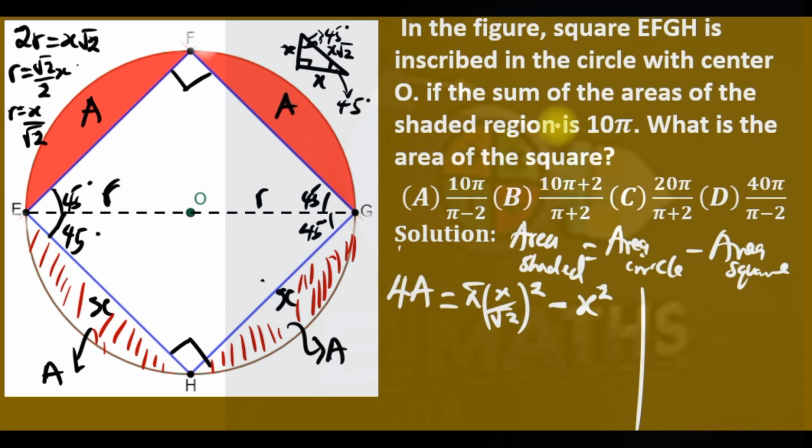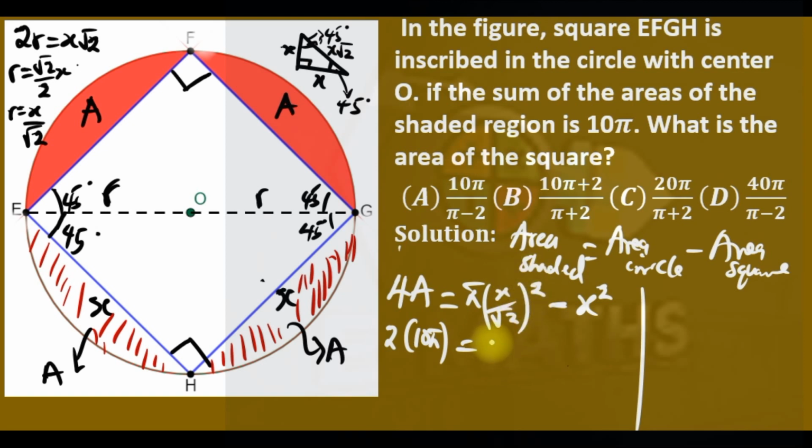We are given only two parts, so this is now 2 times 10 pi, because out of 4 we are given 2. So 4a means 2 times 2a, because a plus a is 2a, and 2a is 10 pi. We are given 2a as 10 pi.